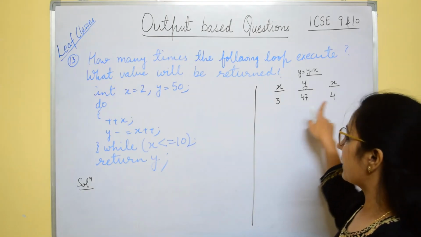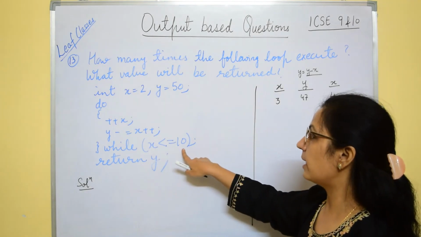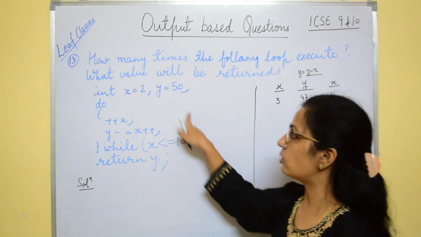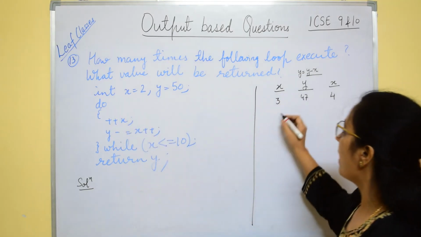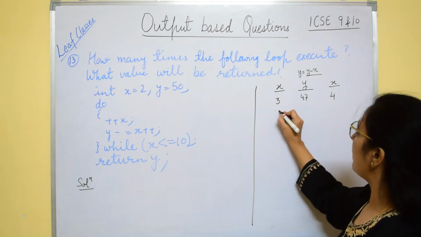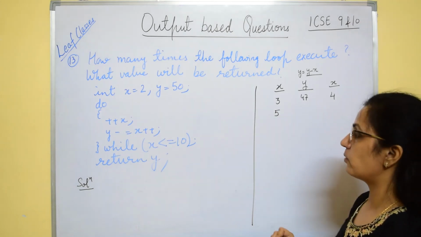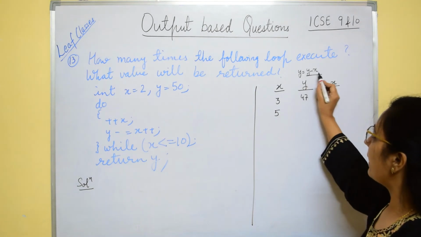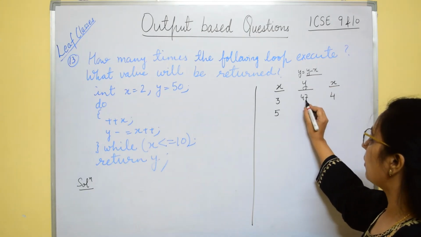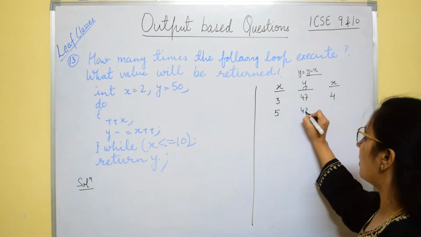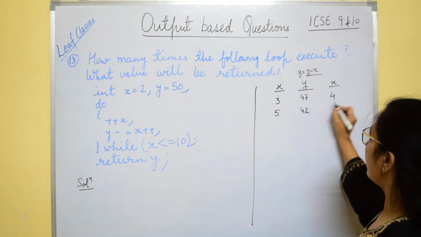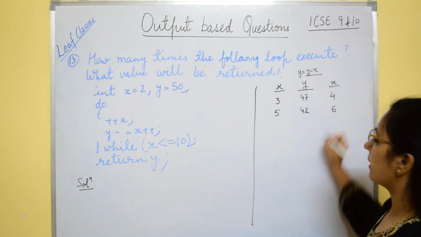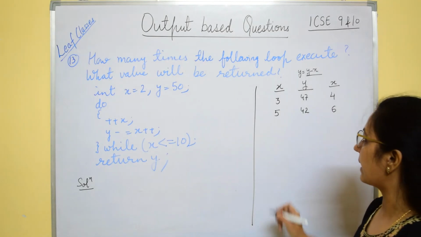Now the value of x is 4, 4 is less than or equal to 10, yes, the condition is true, it will go into the loop, plus x, the value of x will be increased, it will become 5, y equals y minus x, 47 minus 5, it will be 42, and then the value of x will be incremented by 1, that is 6.